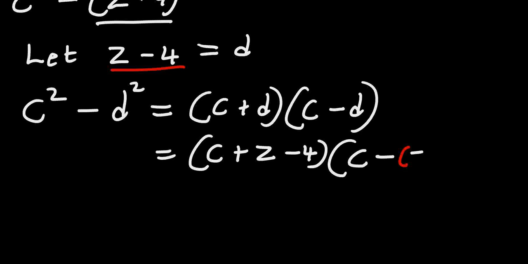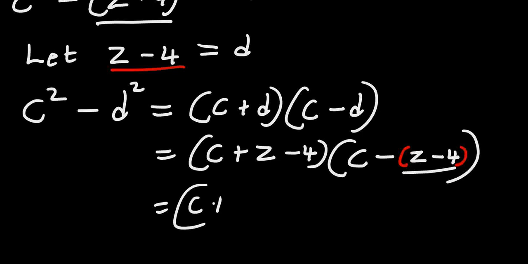So z, -4. Good. So at this point, we need to clear the inner parenthesis, and this will become c plus z, -4.